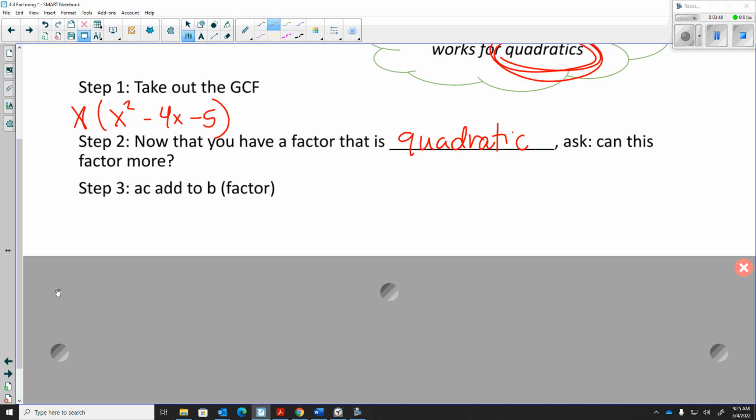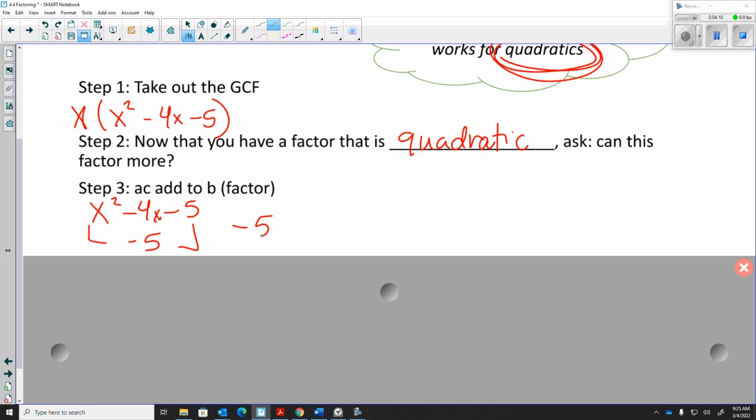Okay, so let's write it. X squared minus 4x minus 5. What's a? 1, so a times c is negative 5. You need two numbers that multiply to negative 5, add to negative 4. Negative 5 and 1.